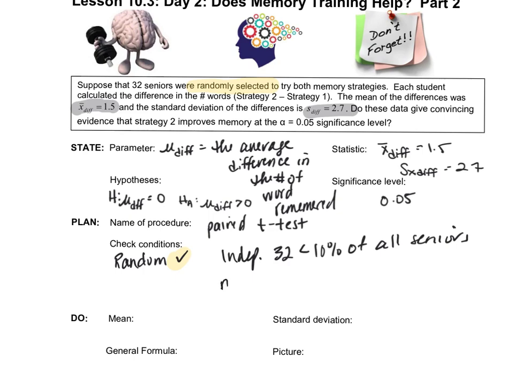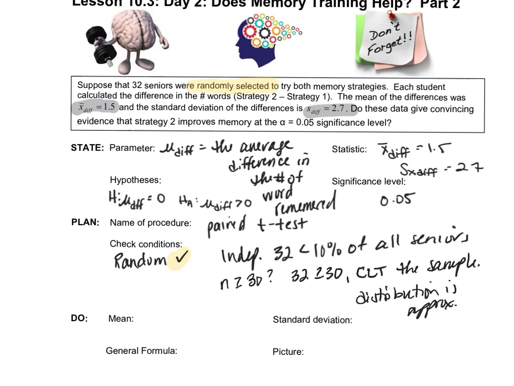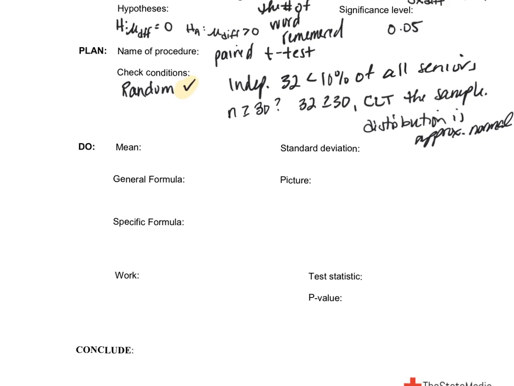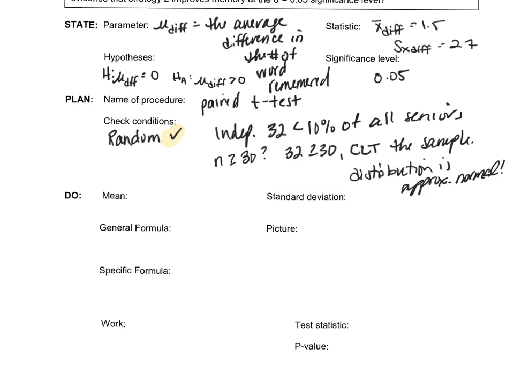And finally, is n greater than or equal to 30? And in this situation, 32 is greater than or equal to 30. So according to the central limit theorem, the sampling distribution would be approximately normal. And we don't have to worry about having the raw data here because we did have an n value that was large enough. Okay, so here we go. Well, my mean is 1.5.